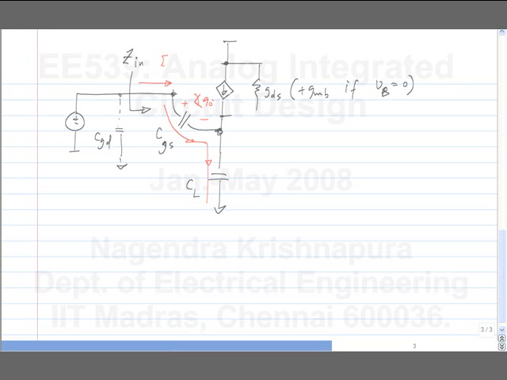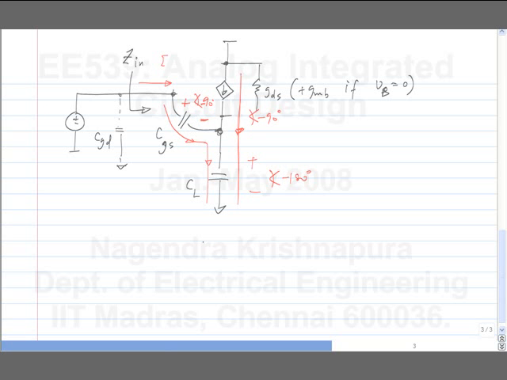And the voltage across gate source, which is minus 90 degrees with respect to the current, causes a current through the transconductance, which is also minus 90 degrees with respect to the input current. So the voltage across the load capacitor, because of this component of current, is 180 degrees behind the input current. So there is a component of the voltage which is 180 degrees out of phase of the input current, which corresponds to a negative resistance, or negative real part in the input impedance.